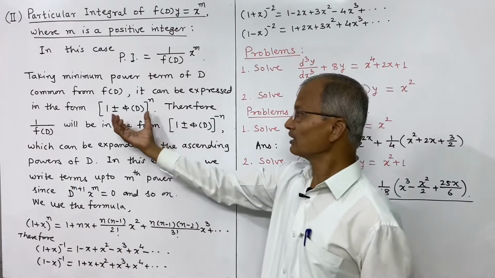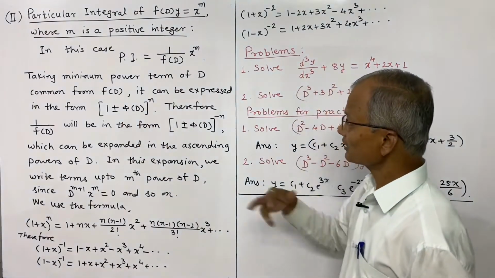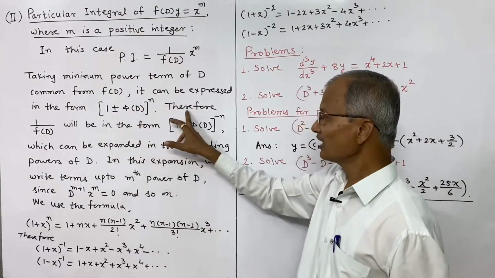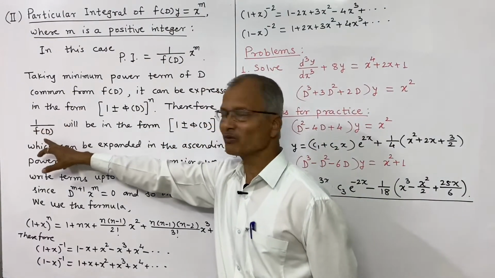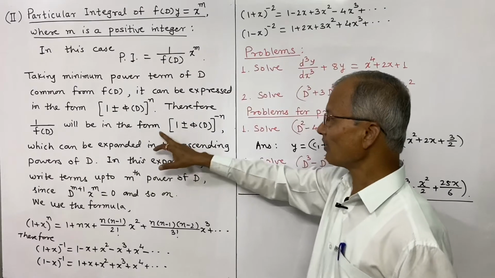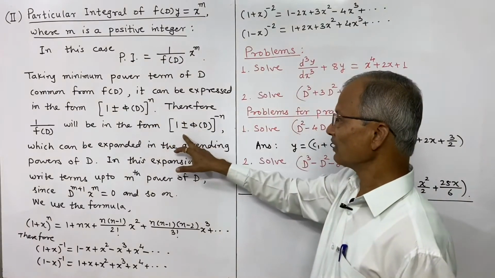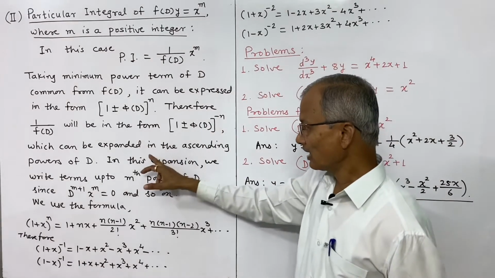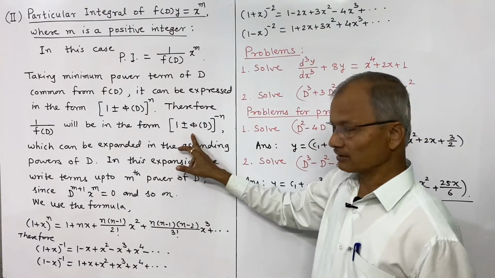So that can be written in this form, and therefore the reciprocal of f of D, 1 upon f of D, will be 1 plus minus phi of D to the power negative n, which can be expanded.